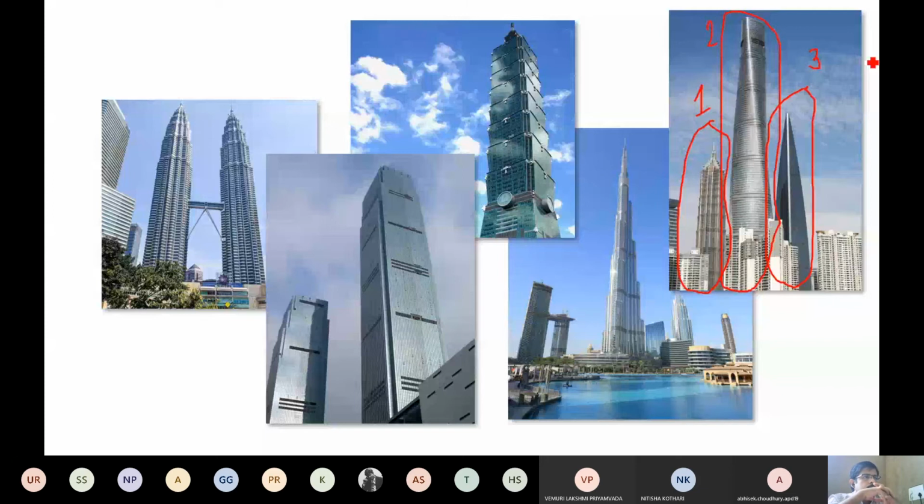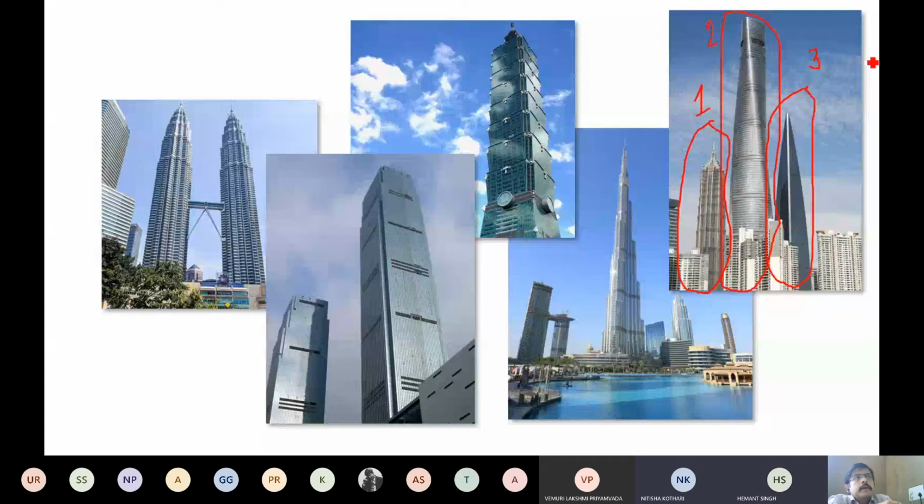Anyone? Second is World Trade Center. Where? The Shanghai Tower. Which one is number 1? What is it?